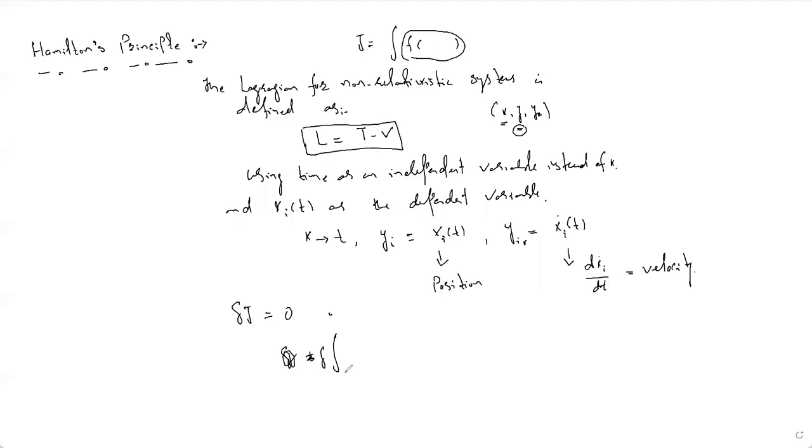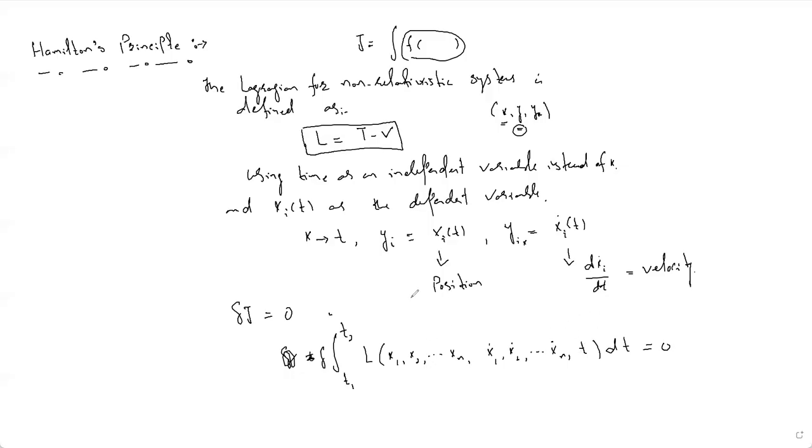So delta of the integral from time t1 to t2, instead of x1 and x2, of the Lagrangian, which is a function of the coordinates x1, x2, up to xn, and x1 dot, x2 dot, up to xn dot, and also the time t, into dt, will be equal to 0. So delta J equal to 0 means delta of the integral of the Lagrangian is equal to 0.